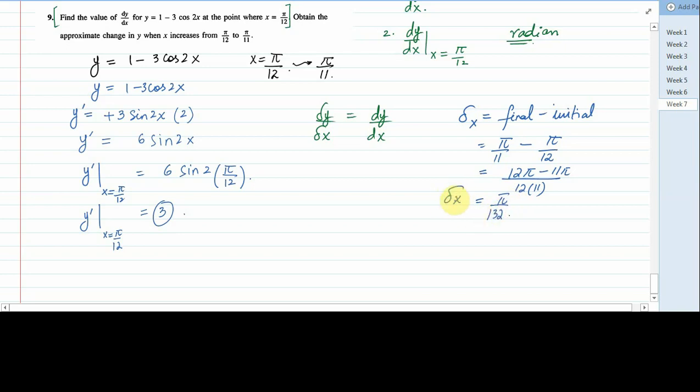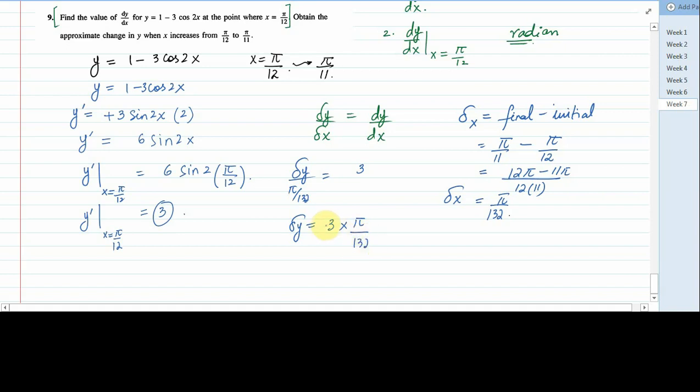Alright, now we need to substitute the value here. So delta y over delta x is what? It's pi over 132 is equals to dy by dx. We had found out it's 3, right? So now delta y is equals to 3 times pi over 132, and we can divide 132 by 3.